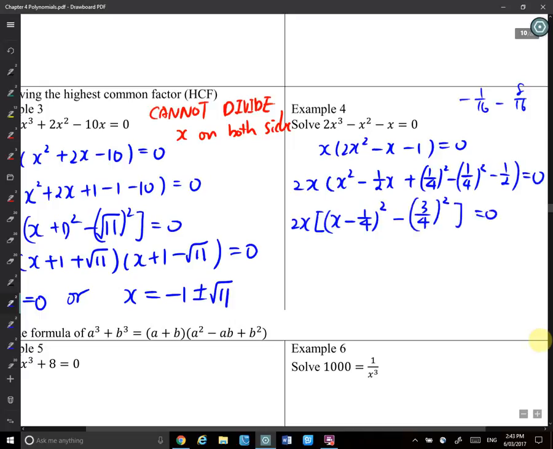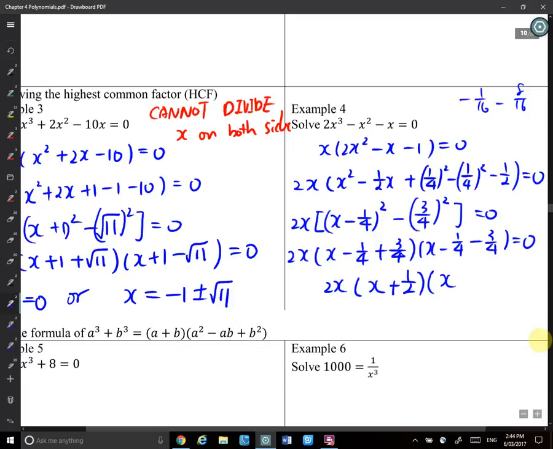Actually, I don't need to complete the square, I can solve it directly. So (x minus 1/4 plus 3/4)(x minus 1/4 minus 3/4) equals 0. So 2x(x plus a half)(x minus 1) equals 0. So x equals 0, or x equals minus a half, or x equals 1.